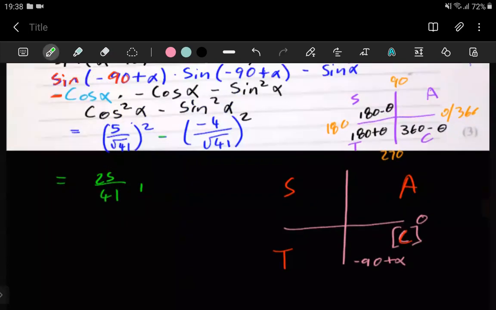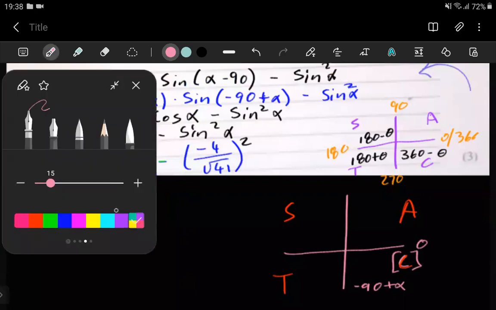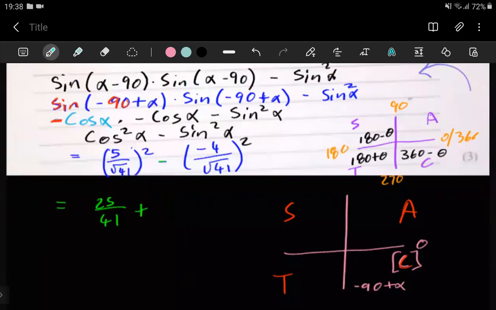So as you can see, you can easily leave stuff out. If your answers are not working out, you can always just double check what you're going to write before you move on. So here we can even remove the plus for now, keep the negative and just use brackets first. Negative 4 squared is 16. The square root of 41 squared is going to be 41.